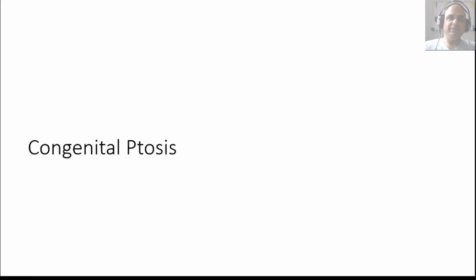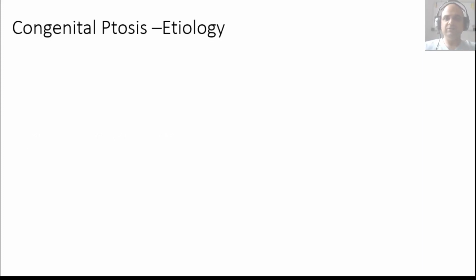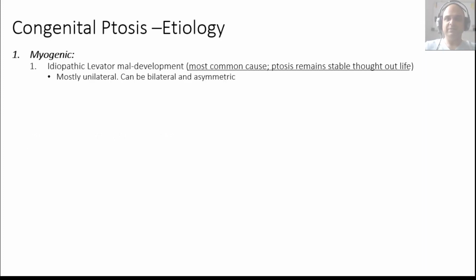We'll start off with the congenital variant, or congenital ptosis, and the etiology is here. The most common reason for congenital ptosis is levator maldevelopment, which is a type of myogenic ptosis, i.e. related to the muscle, levator palpebrae superioris, or the other one, the Müller's muscle. It could be bilateral or unilateral; unilateral is much more common.